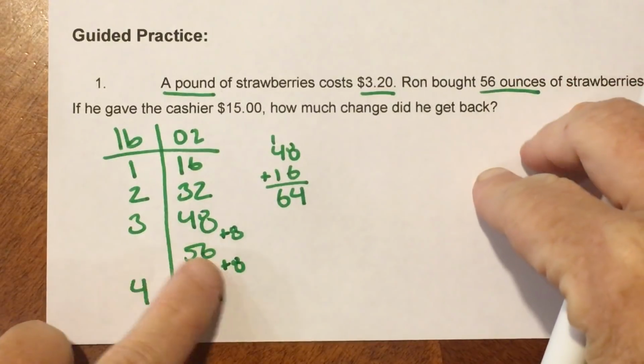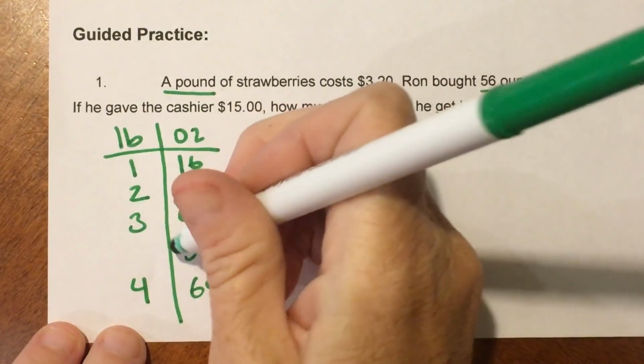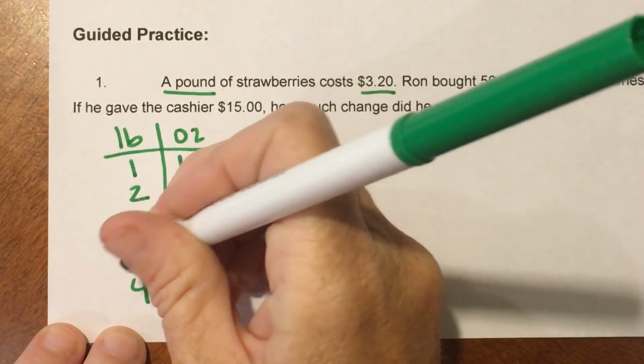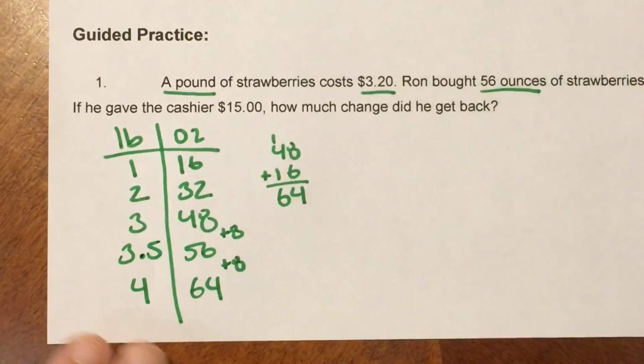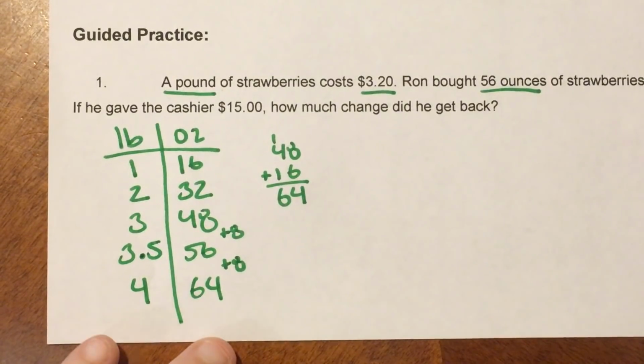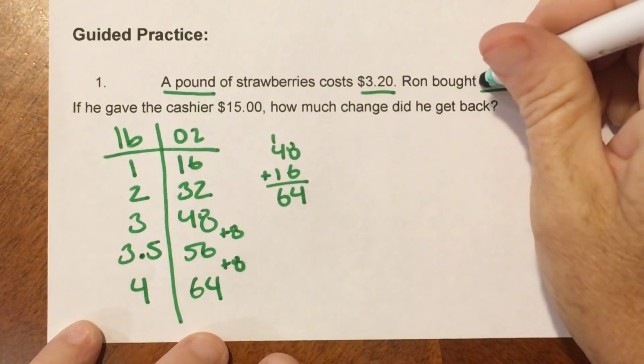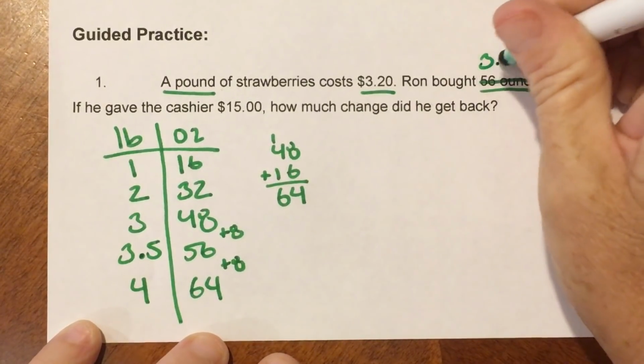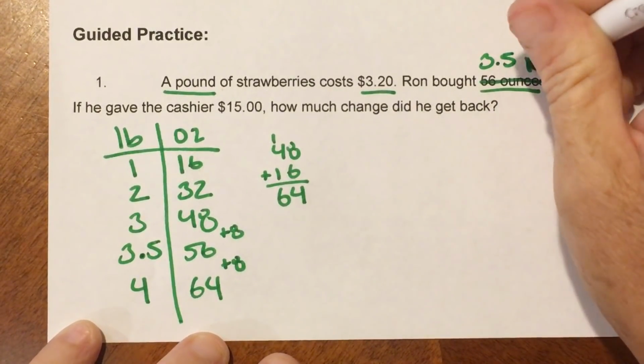So it looks like this 56 ounces is right in the middle of 3 and 4. So we could say 3.5. That's where sometimes they get a little tricky on these tables, is sometimes it doesn't fit perfectly. But so I know Ron bought 3.5 pounds.